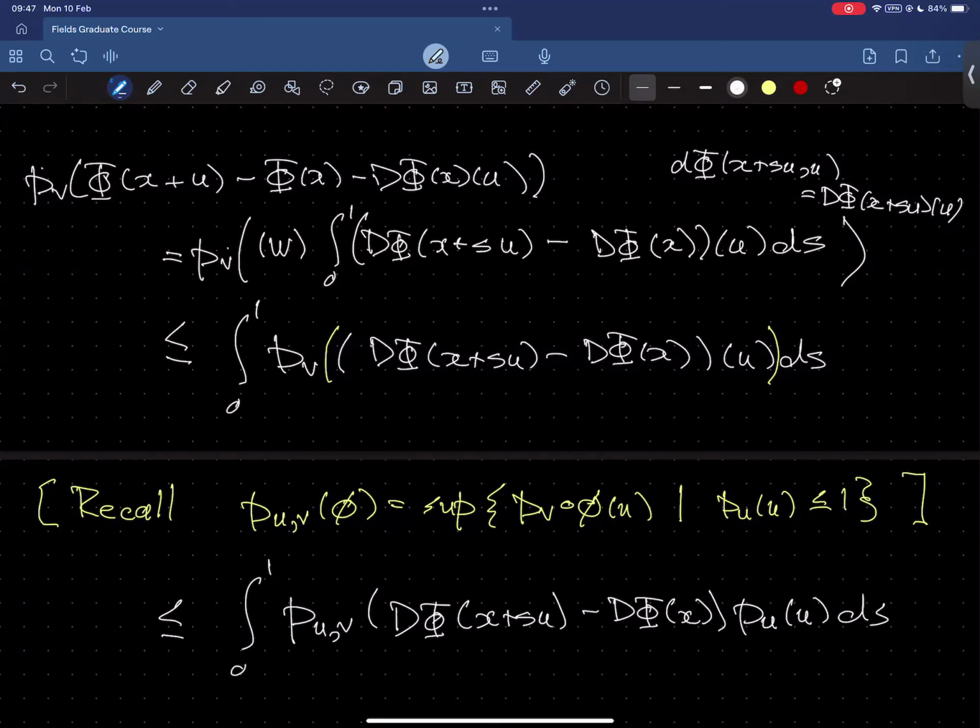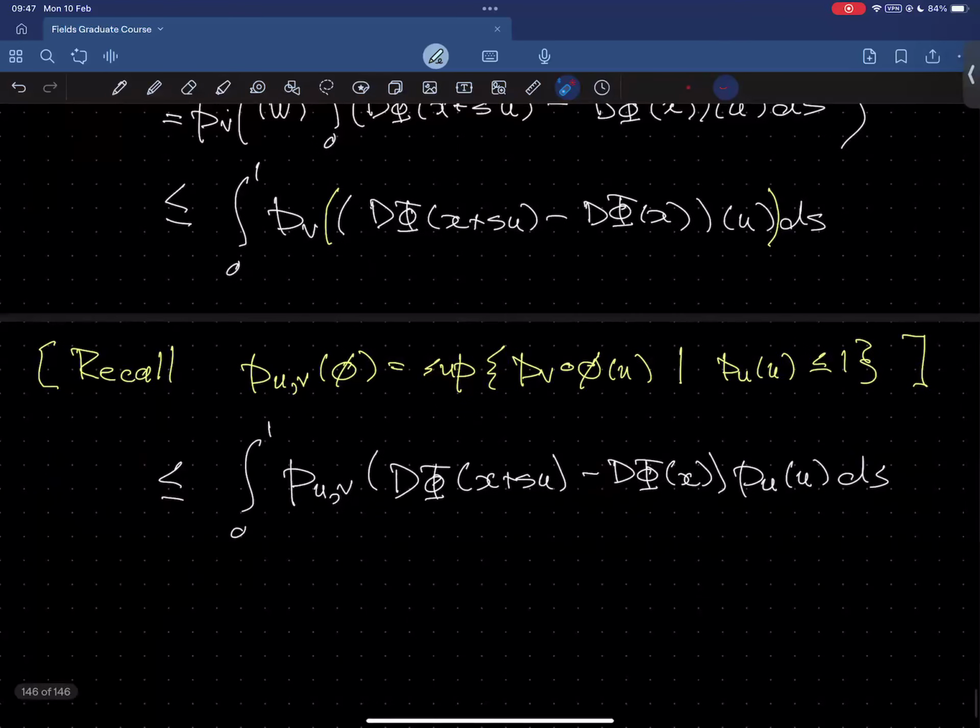I've multiplied and divided by the norm of u, so essentially I've replaced u with u over the norm of u, and the resulting thing has norm less than or equal to 1, and I've pulled the additional norm of u outside.